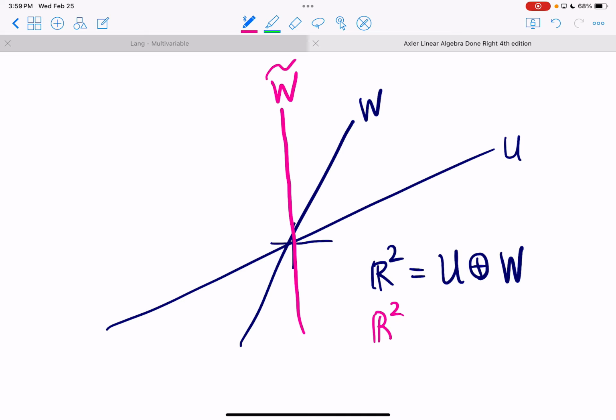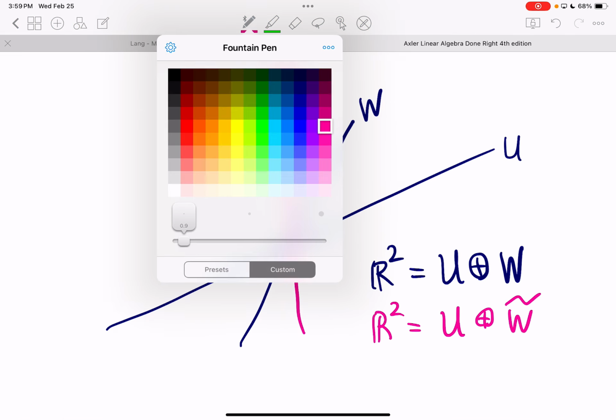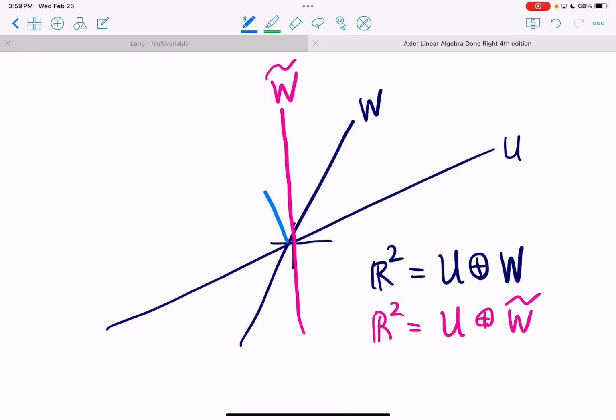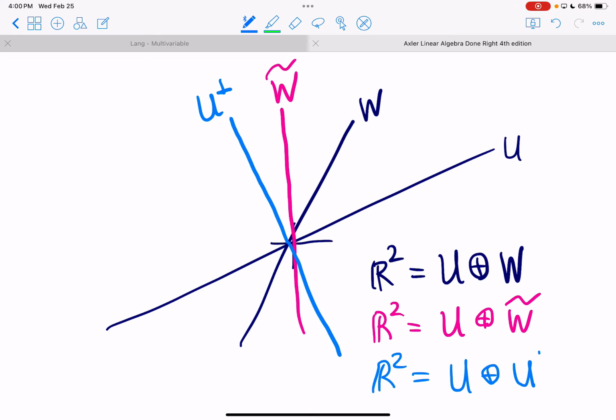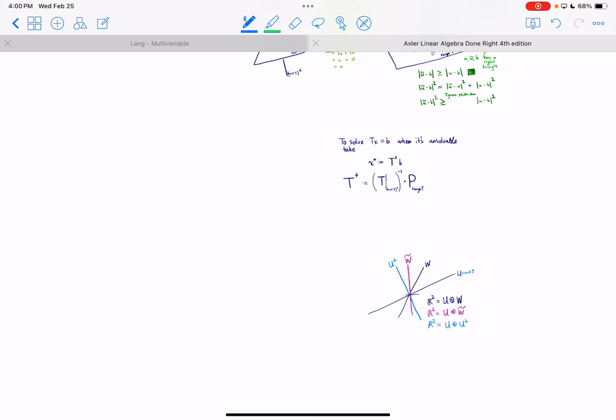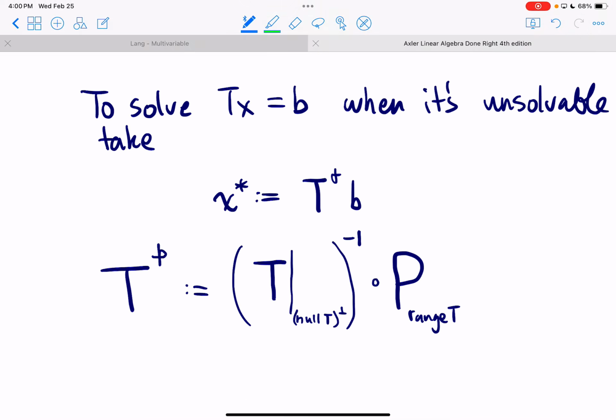And then equally valid, R2 is equal to the same U direct sum W tilde. So there are lots of choices for the second piece. But there is only one choice when you do the orthogonal complement. This is U perp. And that is the choice that's going to give us the best of the best. Okay? And in this case, U is the null space of T in our application. Okay? So that's why we're going to do this.